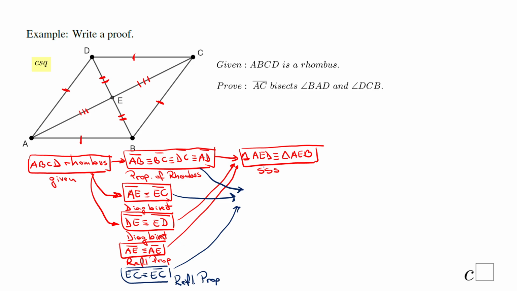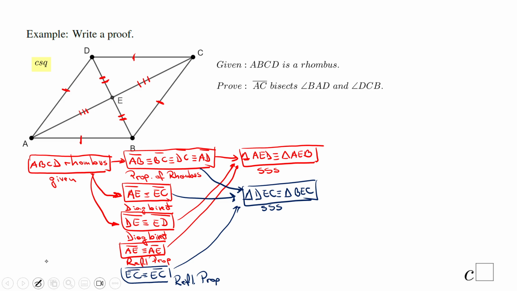Okay, we're going to have two more triangles congruent, which are triangle DEC congruent with triangle BEC. Side, side, side.